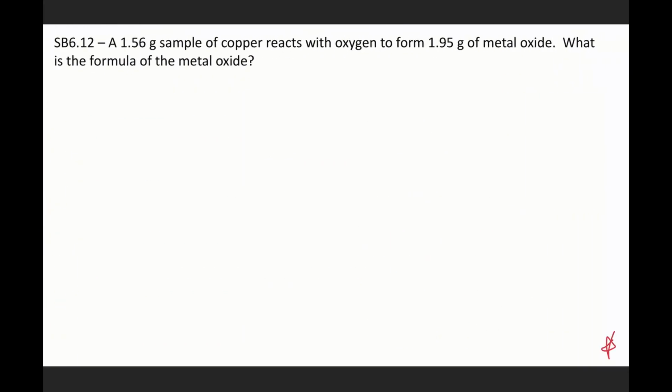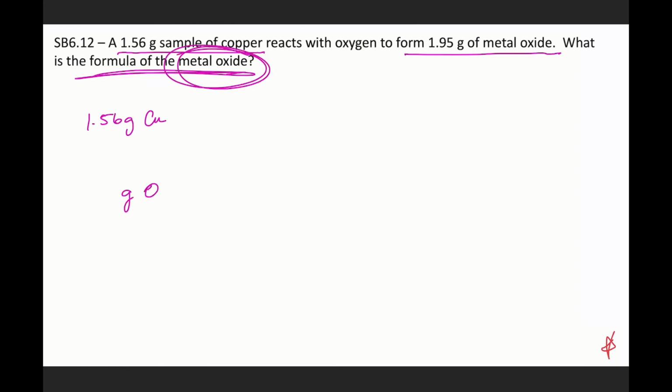All right, one more. We have a 1.56 gram sample of copper that reacts with oxygen to form 1.95 grams of metal oxide, and I would like to know the formula of the metal oxide. I know I have 1.56 grams of copper, but to find the formula I need to know how many grams of oxygen reacted.